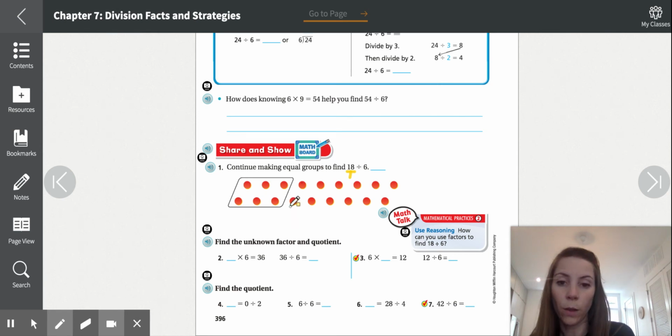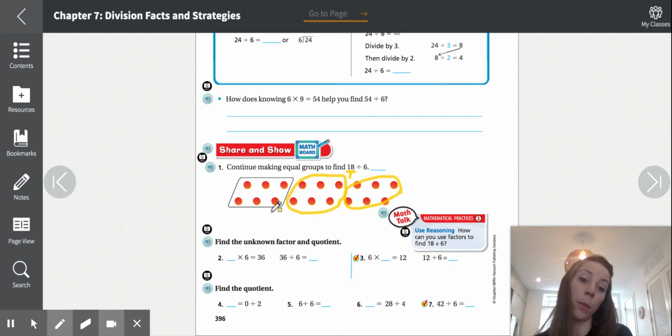So 1, 2, 3, 4, 5, 6. 1, 2, 3, 4, 5, 6. So now if I've already counted how many in each with the number 6 here, then I'm left to count how many groups. So 1, 2, 3. If you got 3, awesome job.